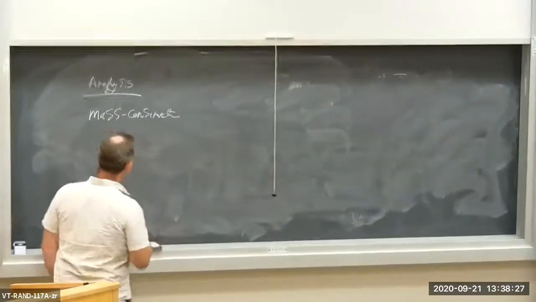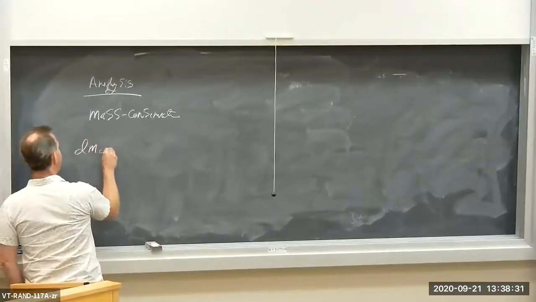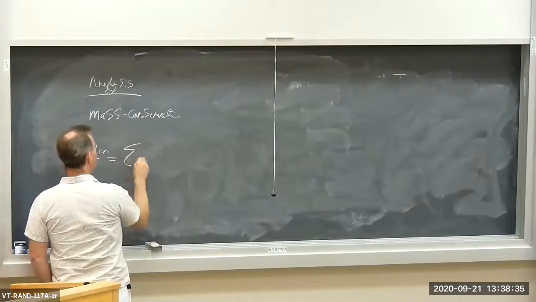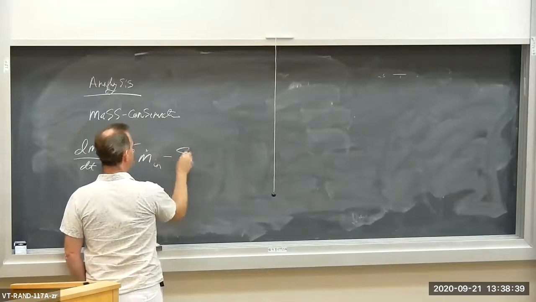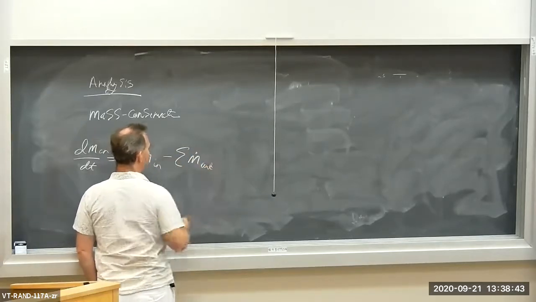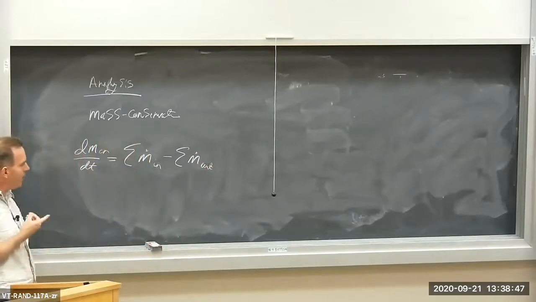Mass conservation: the time rate of change within the control volume is equal to the sum of the mass flow in minus the sum of all the mass flow out. We may have multiple inlets, multiple outlets. That's what the summation signs are for.